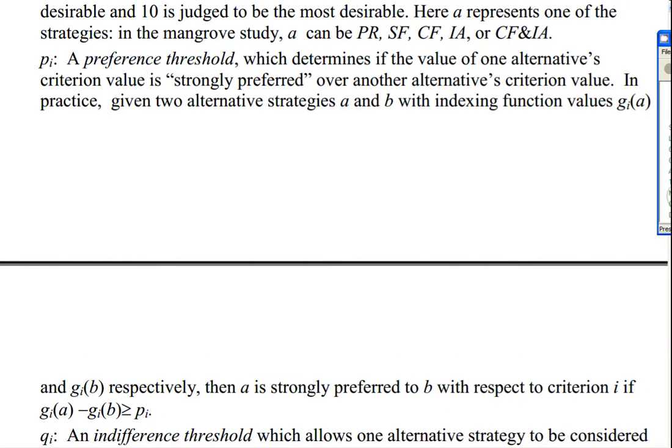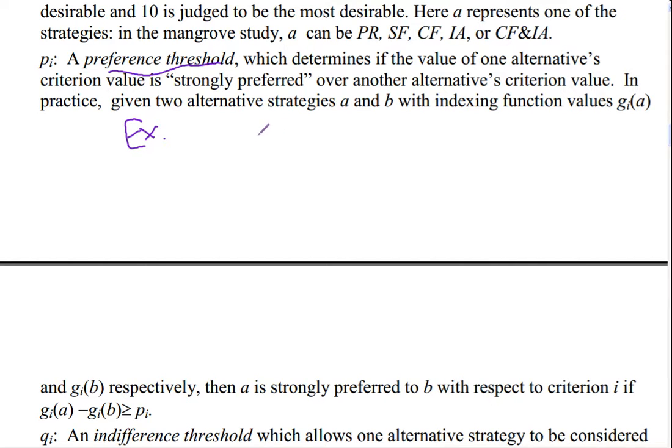Now there are a number of thresholds to define. The first one is called a preference threshold, and let me give an example. Remember that all of the criteria are scaled from 0 to 10.